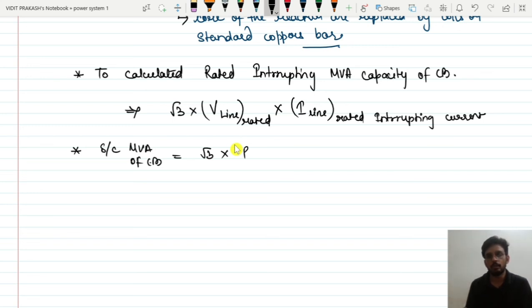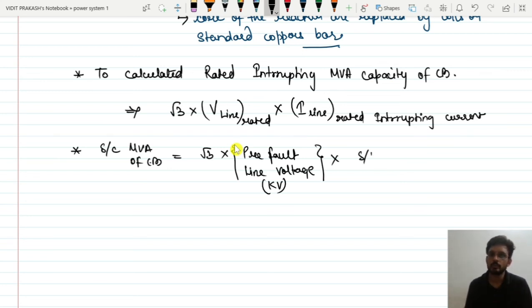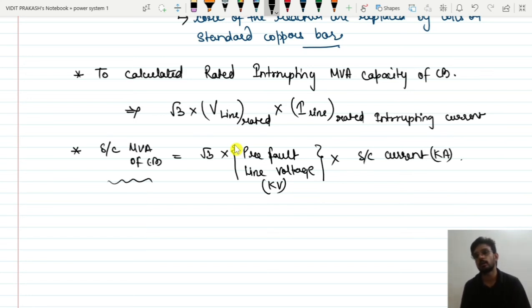We need to multiply the pre-fault line voltage in kV into the short circuit current in kiloampere. So that will be calculated as root 3 times the pre-fault line voltage into the short circuit current.